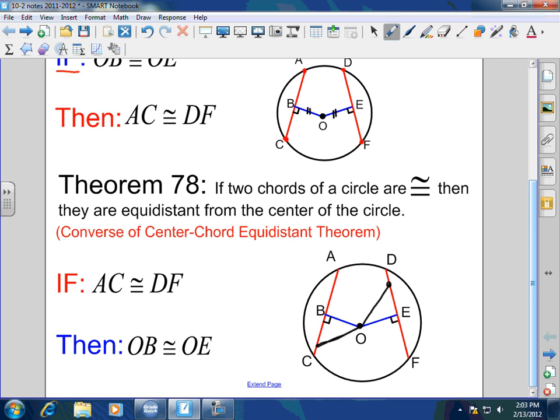No, wrong. Because first of all, guys, we have to remember that in 10.1, we defined the distance from the center to the chord to be an altitude. Did we not say that? It had to be an altitude. So this black line right here is not the distance.